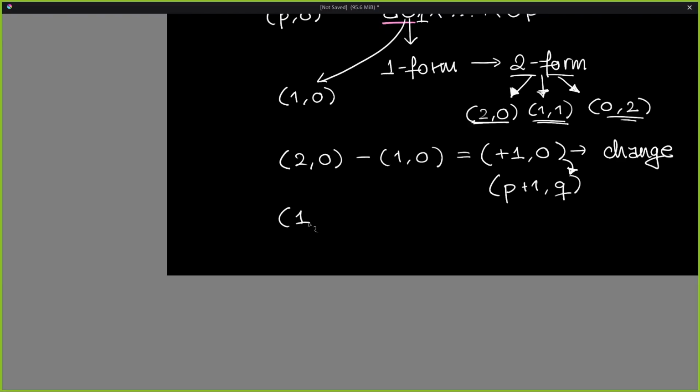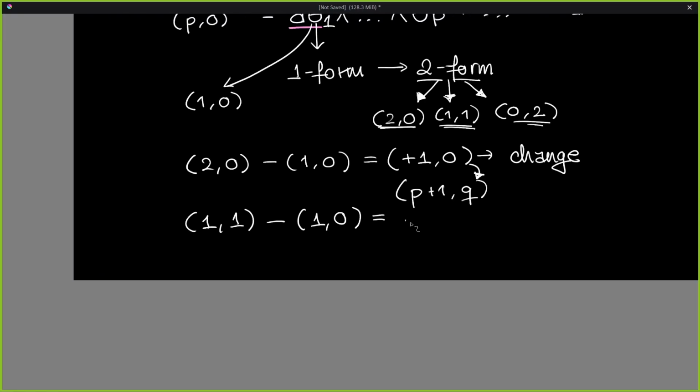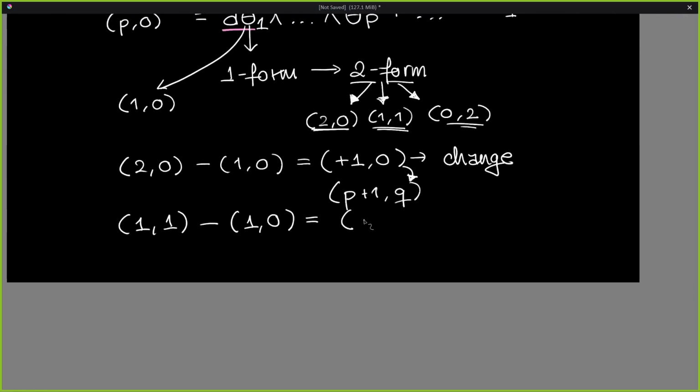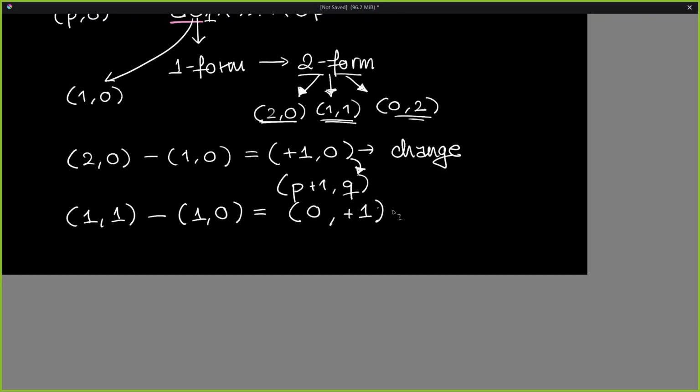So overall, this is going to give us a P plus 1 Q term. And then if we have a 1, 1 form, then we subtract off the 1, 0, so we're losing a 1, 0 form and gaining a 1, 1 form. That's why we're doing this. So that gives us 0 plus 1, right? So that will be a P Q plus 1 form.